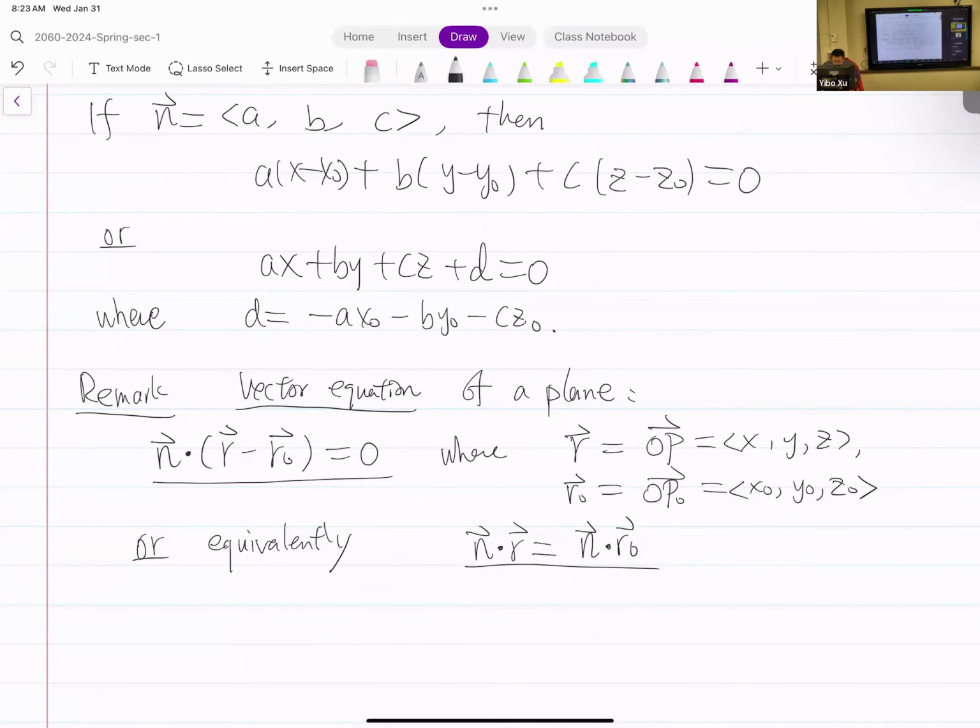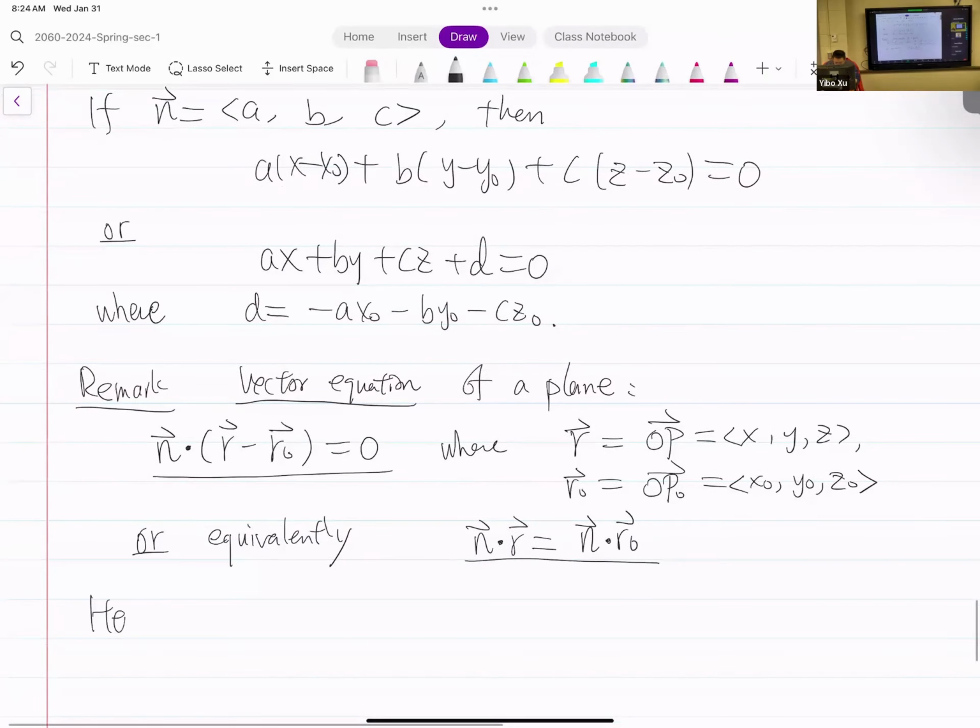Okay, some more terms. Here, n is called the normal vector of the plane.